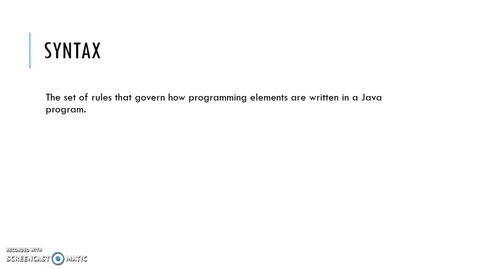As you learn more programming languages, you'll find that many languages have the same elements, like conditional statements such as if-else, or iteration statements like for and while loops, methods, or functions. They're called functions in other languages, arrays, and these kinds of things. They're all common to programming languages. What differs between those languages is the syntax. So understanding a language's syntax is one of the keys to actually mastering the language.